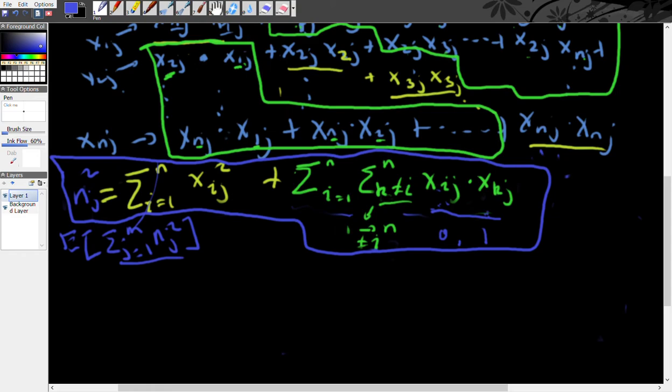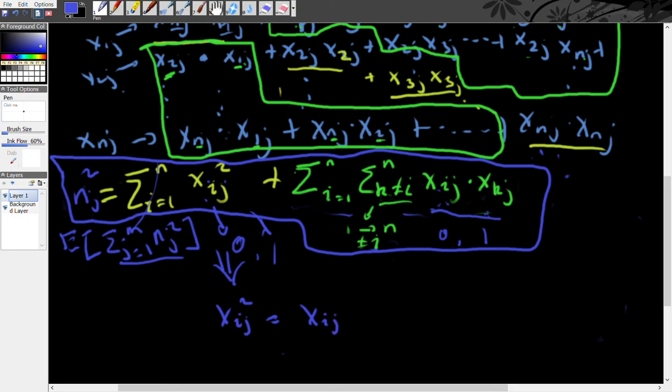For this one, it takes 1 and 0 with the same probability that xij itself, the non-squared version, takes 1 and 0. So xij squared is actually just xij.